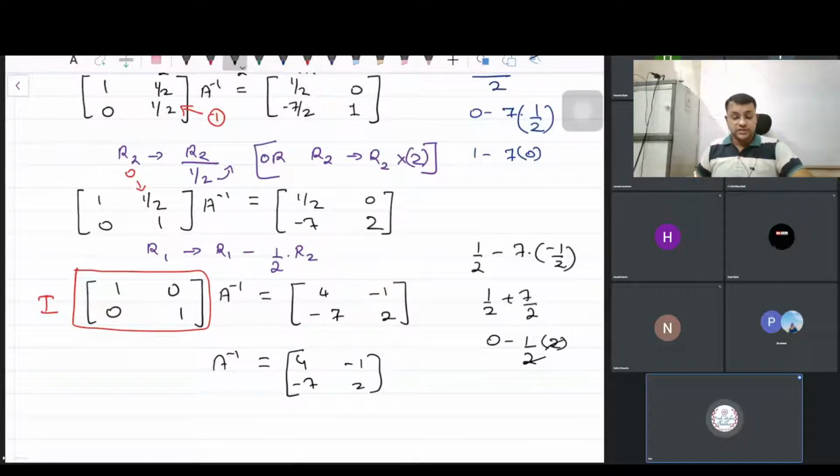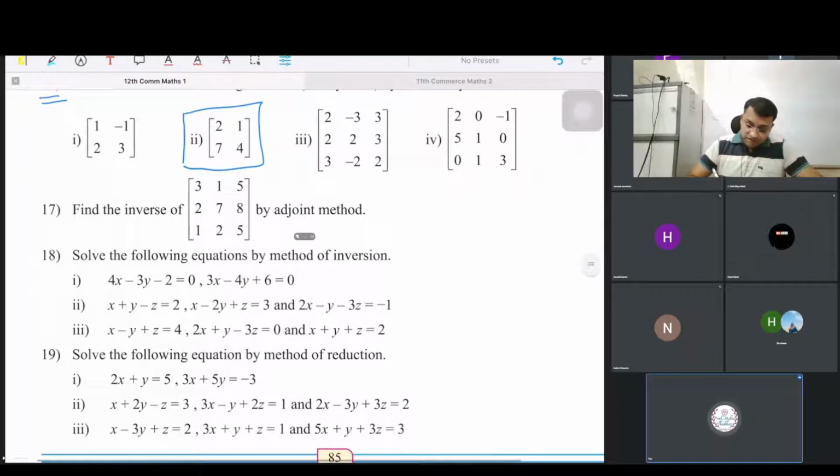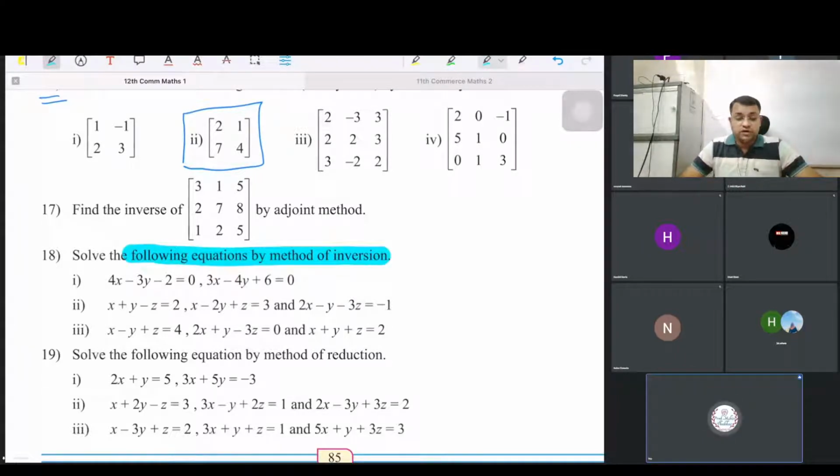Has everybody got that? So in the previous lecture, we have studied that in order to solve the equations by the method of inversion, we can find the inverse of that particular matrix by adjoint method, and then we can get the required values of x and y, right?